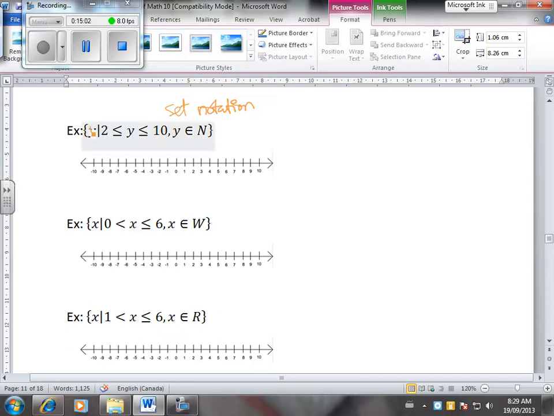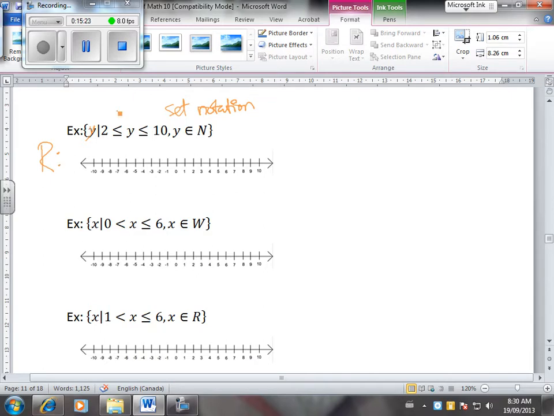I've got y as a variable. So what is this showing me? This is showing me range. Okay, so y such that y is greater than or equal to 2, y is less than or equal to 10, y is all natural numbers.